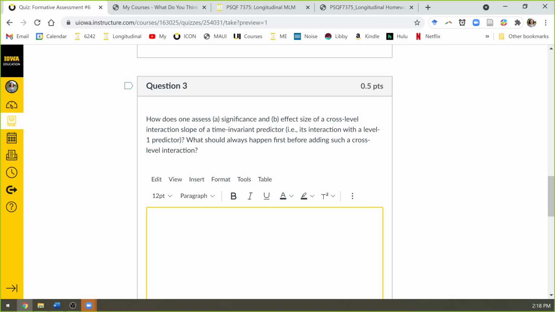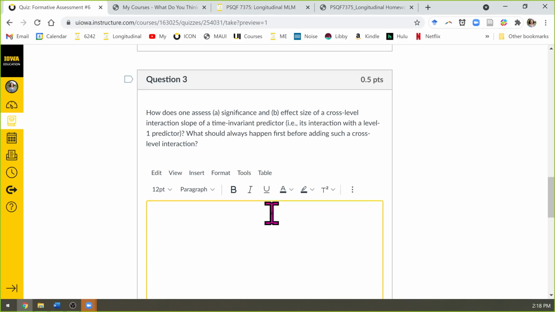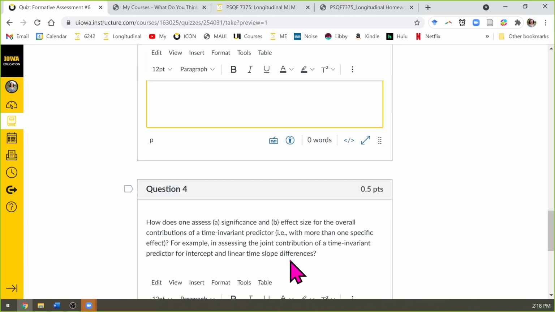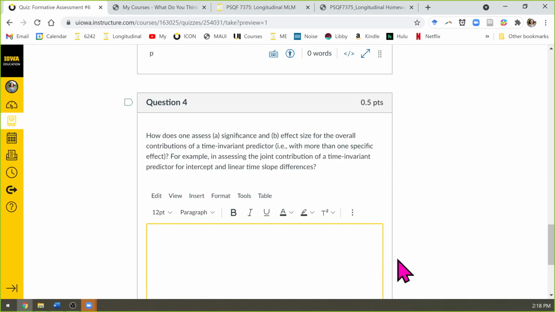Okay. Questions or comments on that one? Then last but not least, what if I want to talk about the significance and effect size for an overall contribution of a time invariant predictor. So if I want to talk about the role that it plays in the model, not just for its main effect, but as part of its interactions with other variables or cross-level interactions with level 1 variables.